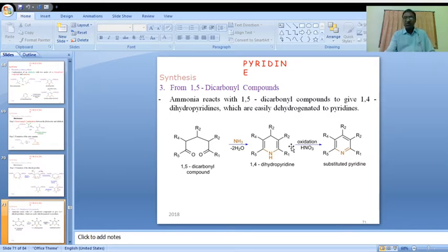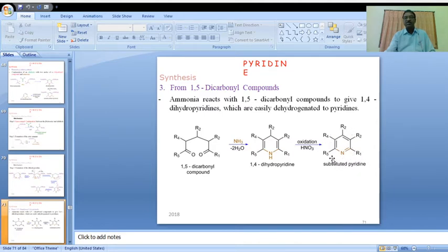Here, 1,4-dihydropyridine on oxidation in presence of a strong acid, HNO3, nitric acid, we are using. In presence of strong acid, oxidation takes place and will give the aromatic pyridine ring. After removal of hydrogen, it is called an oxidation process. Substituted pyridine, perfectly aromatic pyridine.